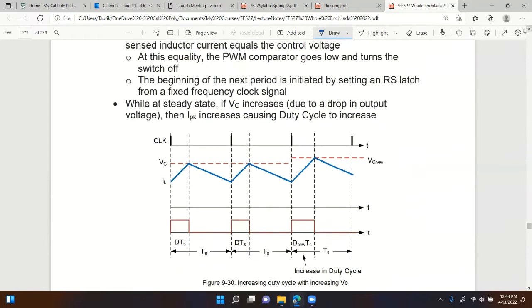Well, at steady state, if VC increases, how can you get VC increasing? That happens when the output voltage drops.